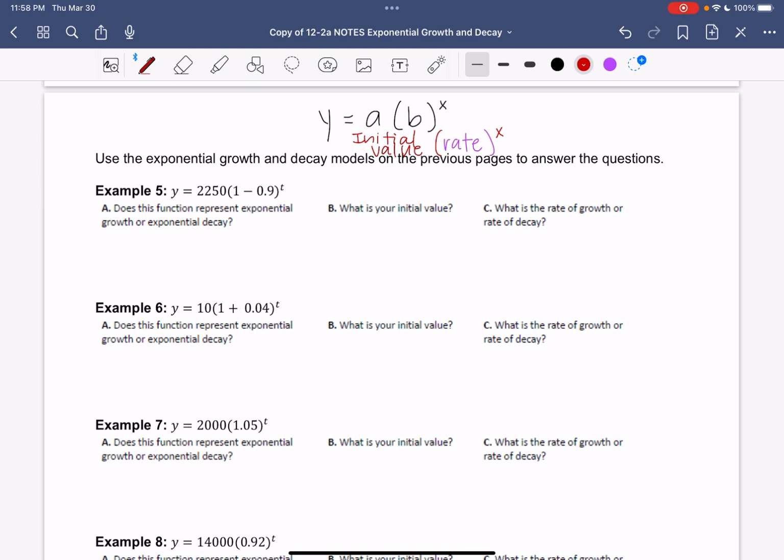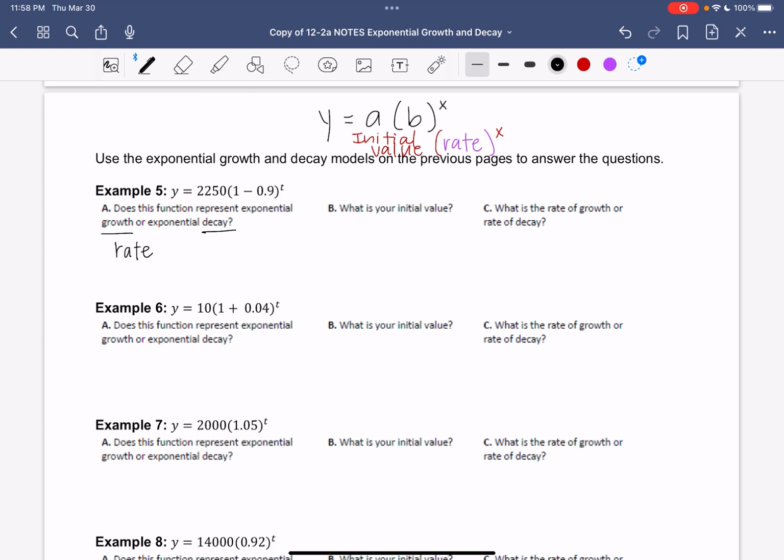Okay. All right. So we have our first example here. It asks, does this function represent exponential growth or an exponential decay? So is it going to increase or is it going to decrease? When it's talking about the growth or decay, it's talking about the rate.